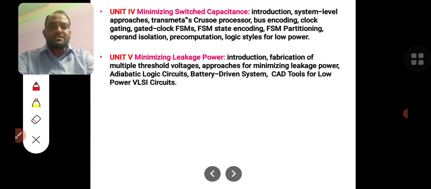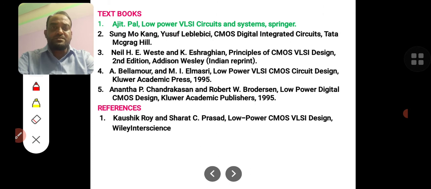The final chapter will be minimizing the leakage power. It gives you various methods of minimizing the power dissipation, what can be done, what are the steps to be taken. All this is covered in this chapter.